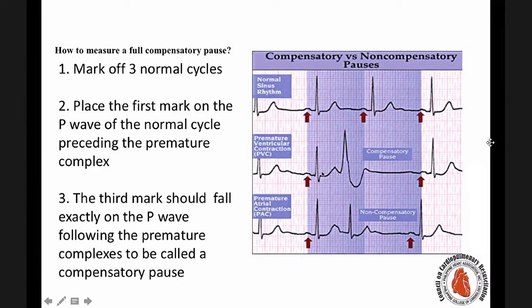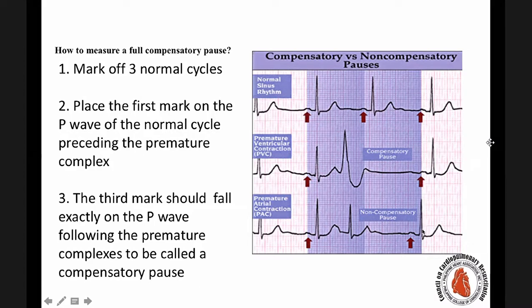Then you compare, it will be the same distance in a P to P in between a PVC. But in a premature atrial contraction, magkakaiba yan. The P to P in between a PAC, magiging iba siya. Ito naging longer, no? Dapat itong beat na to, maybe dito pa siya nag-start.